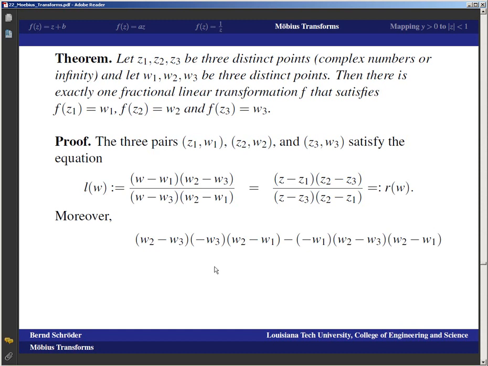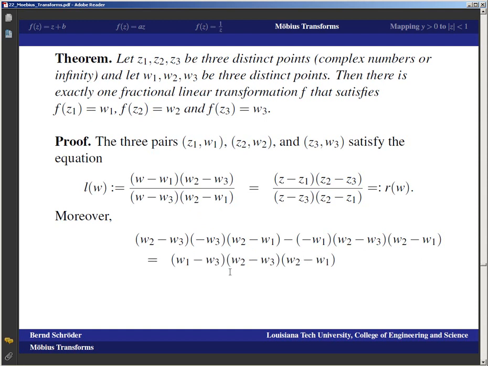Well then, notice also that this thing now is a Moebius transform, right? So let's see, the a would be w2 minus w3. The d would be negative w3 times (w2 minus w1). The b would be negative w1 times (w2 minus w3). And the c would be w2 minus w1, which is right here.